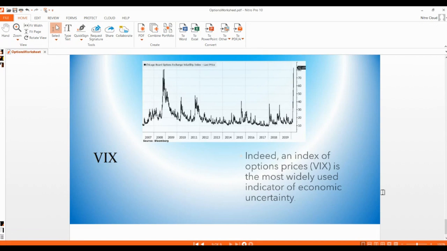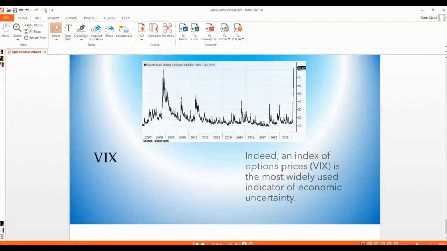And it tends to go up in times of uncertainty, as you can see, here is 2008. You can see that the VIX spikes. Here it spikes again in 2010. There's a massive spike here in early 2020. We know why that happened.